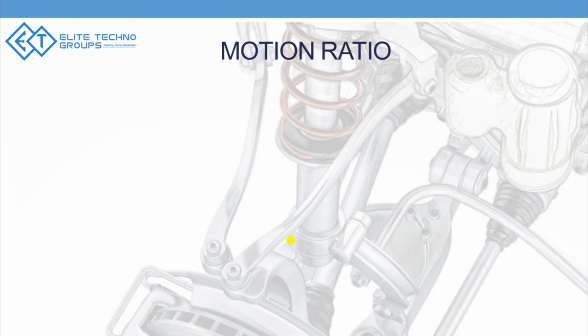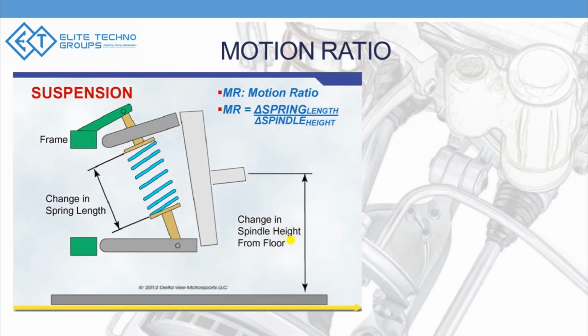Motion ratio is nothing but how much your spring compresses for each millimeter of your spindle movement. If there is a wheel here, and it goes along a speed breaker, then for every 1 millimeter of your wheel movement in the upward direction, how much is the compression on the spring?